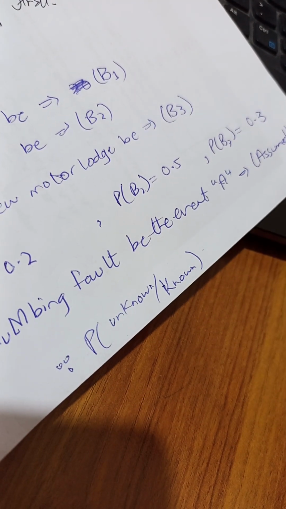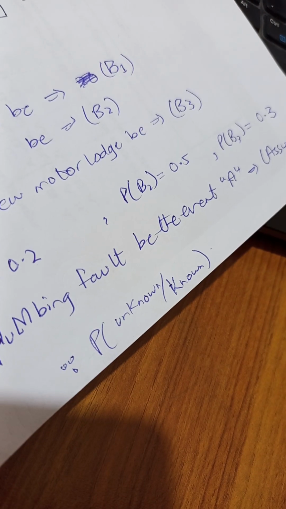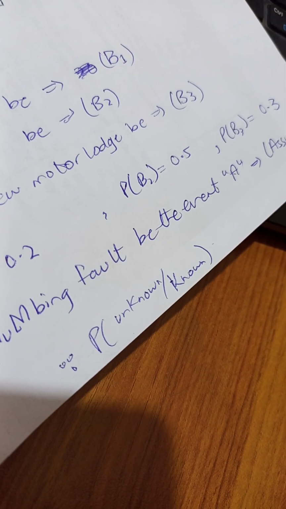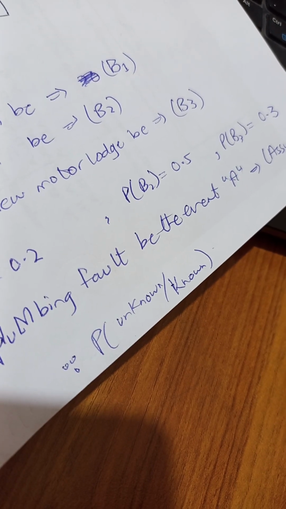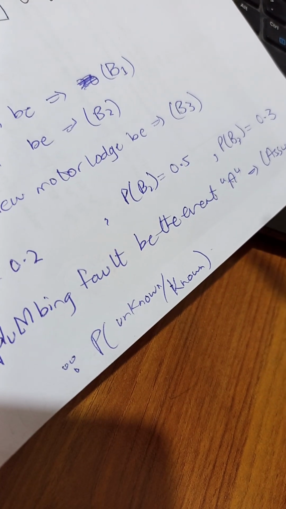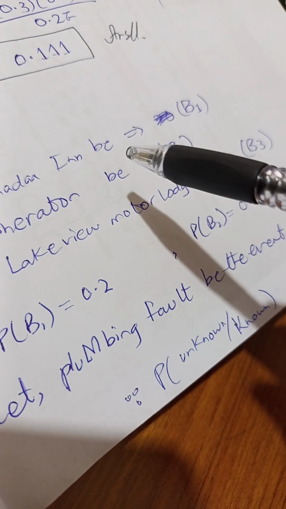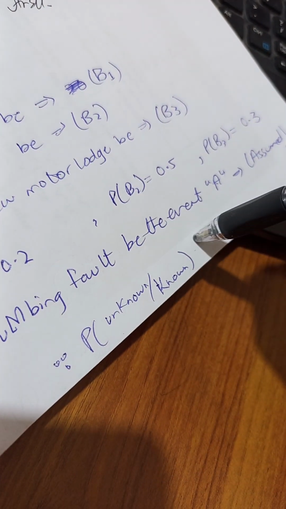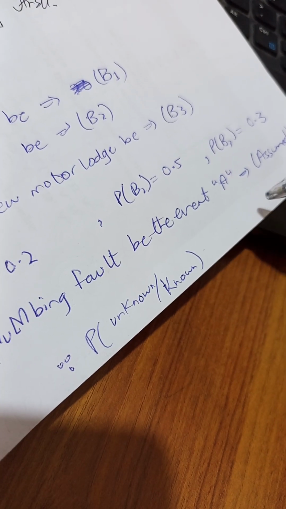But in the next lines of the problem statement, they are saying that we have plumbing fault in 5% of the rooms at Ramada Inn. Ramada Inn is named as B1 in our problem, so it is basically probability A, the unknown plumbing fault, given B1 is known.